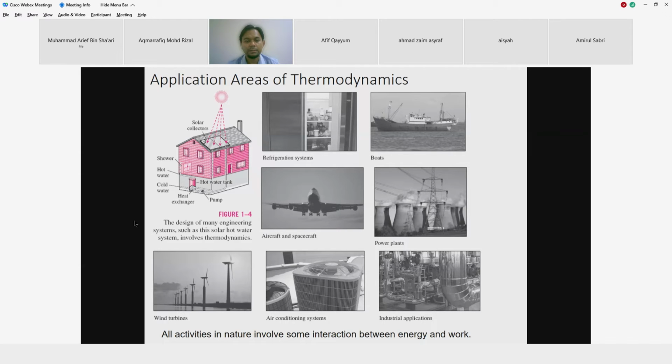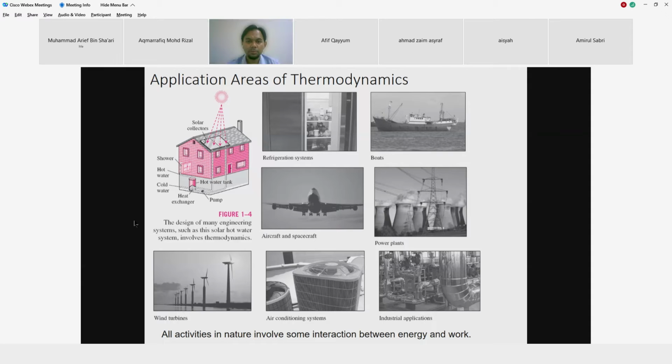Then there are boats, aircraft, power plants, wind turbines, AC systems, as well as industrial applications. All of these activities in nature involve some interaction between energy and work.